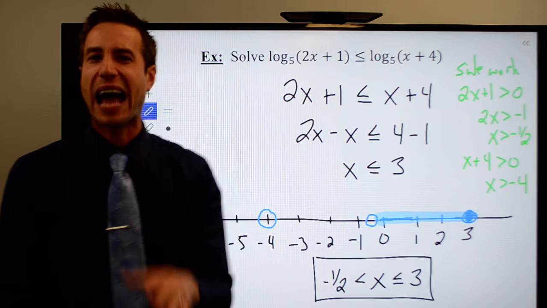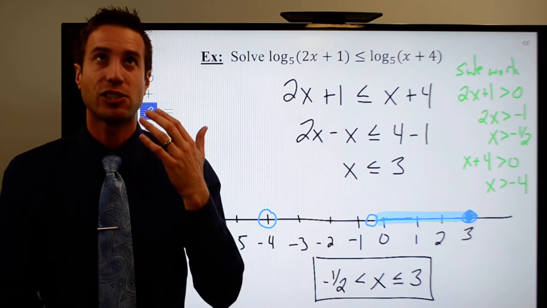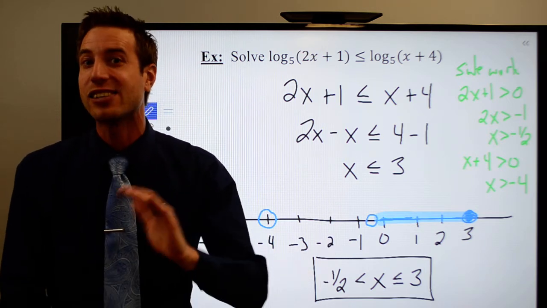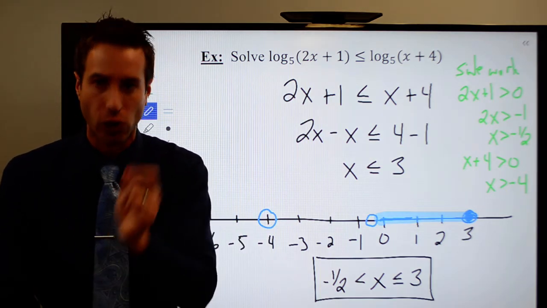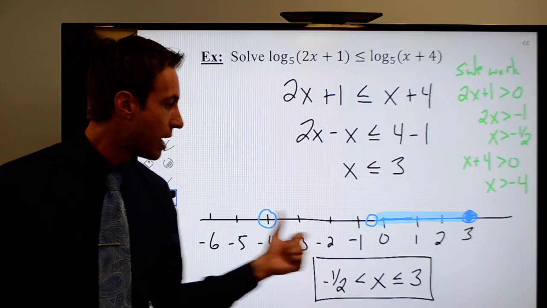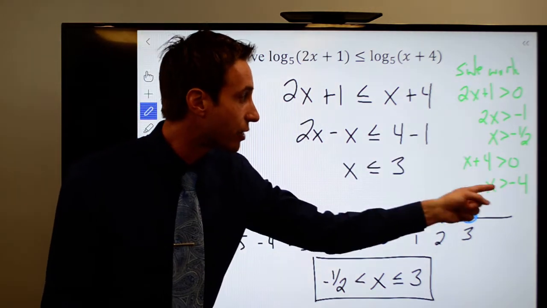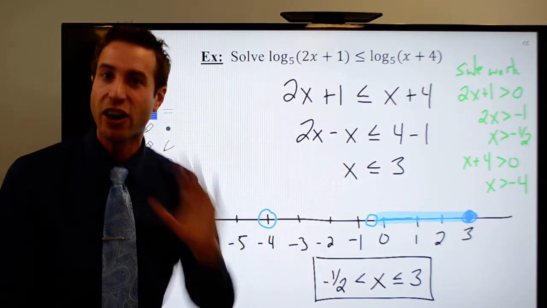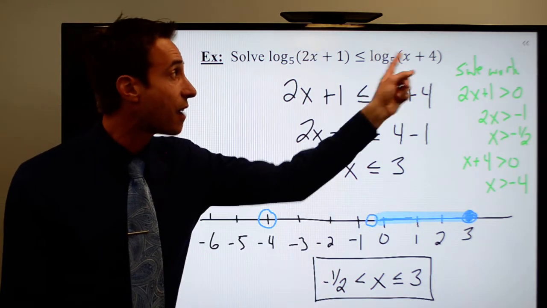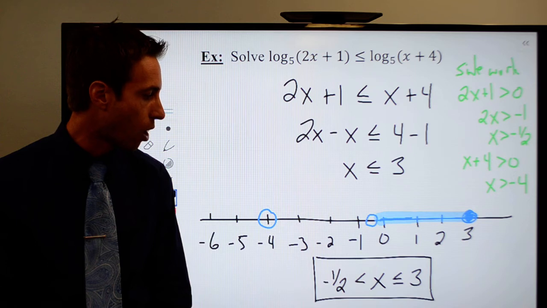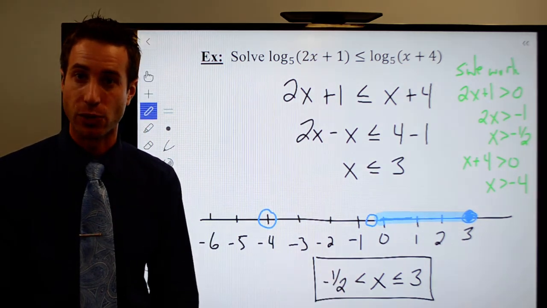And you don't have to draw the number line, but it certainly helps you visualize what's going on in these problems. So I would absolutely suggest, it doesn't take you very long, to just quickly draw a number line, take the results of your side work, throw them on there. You know you need to take the bigger number, right? The one that satisfies both sides of the inequality, and that's going to be your region right there.